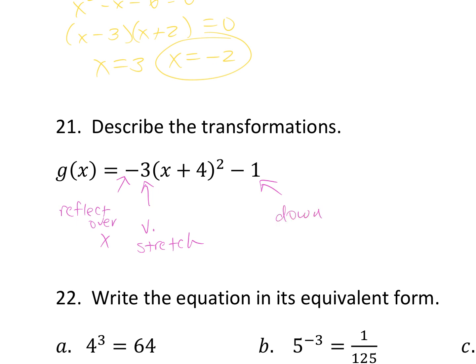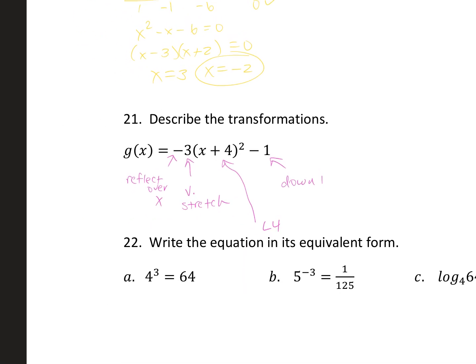Down 1. Good. And then what does +4 inside mean? Left 4. Good. Remember, anything inside of a parenthesis is the opposite of what we think. How do you know it's going to be a reflection over the x or the y? If it's inside, it's a reflection over y. If it's out in front, it's a reflection over x. Yep. Good. All right, scooting along.